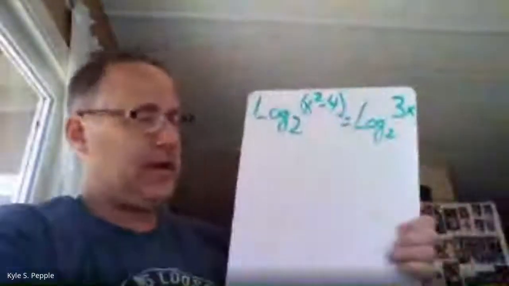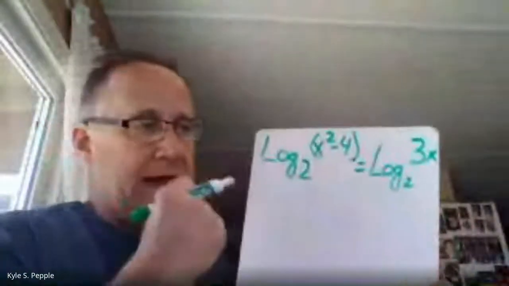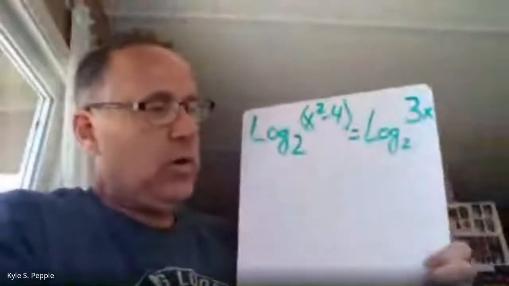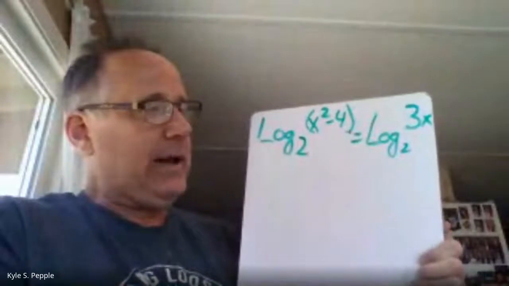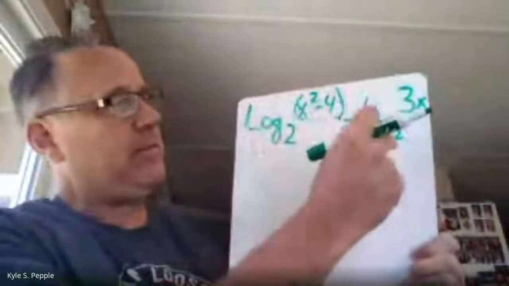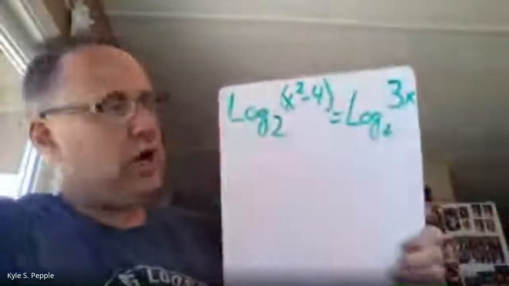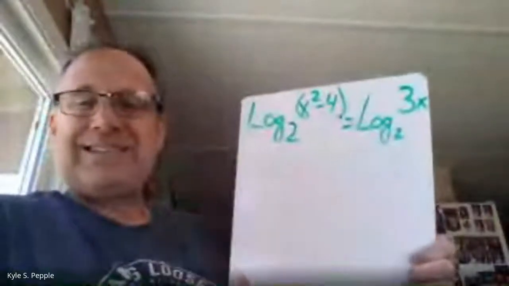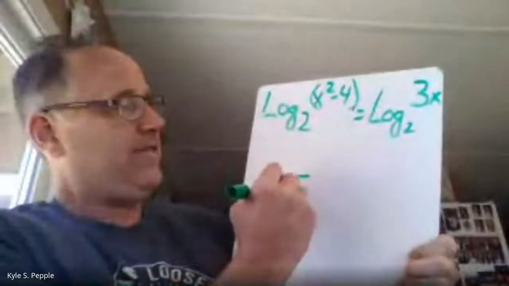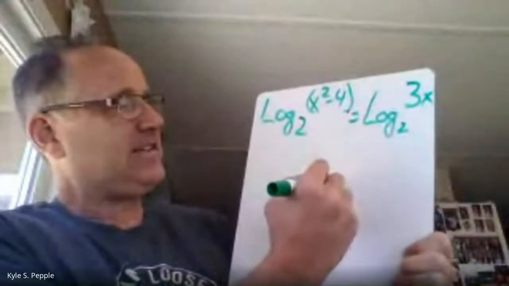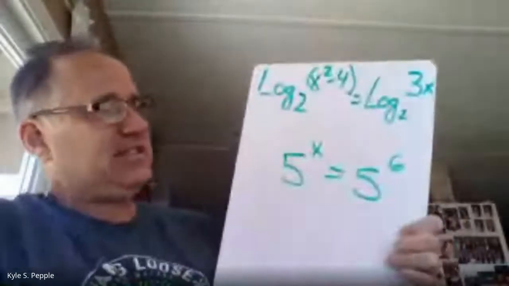So that's example one. Now let's look at example two. Here we're again solving logarithmic equations, but here we have a logarithm on both sides. This is similar to when we had exponents and we had 5 to the x equals 5 to the 6.